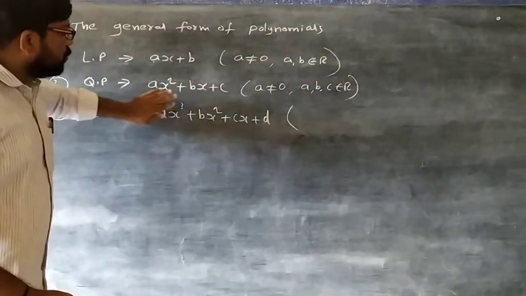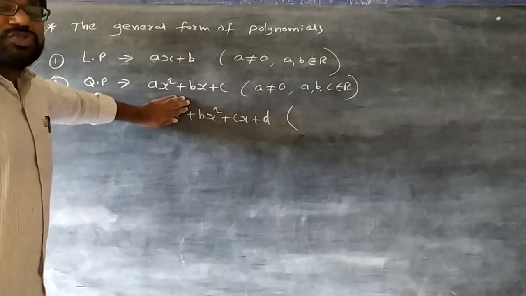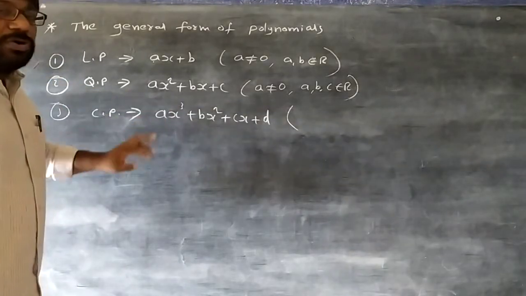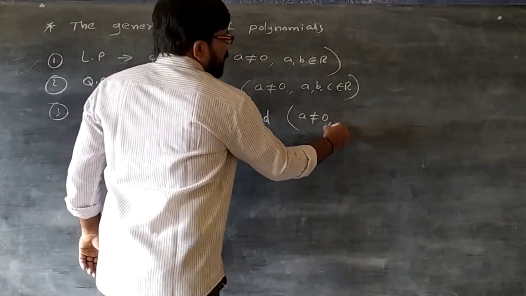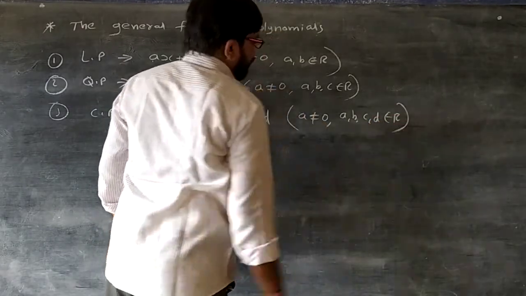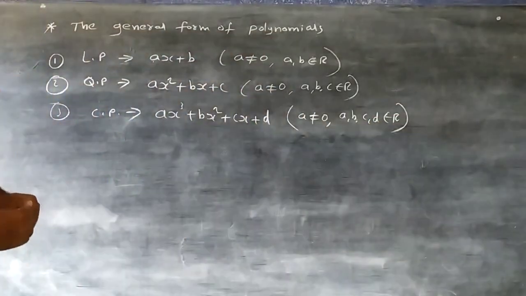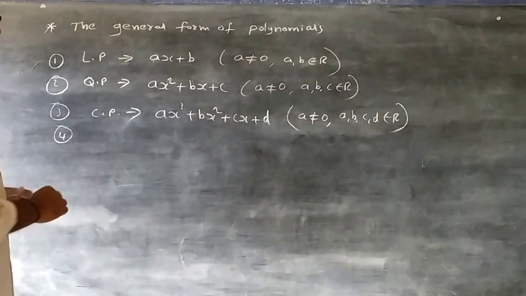Suppose a equals 0, then what do we get? That is a quadratic polynomial. That's why we don't take a equal to 0. So a does not equal 0 and a, b, c, d belong to real numbers. That is cubic polynomial. And the fourth one, biquadratic polynomial.